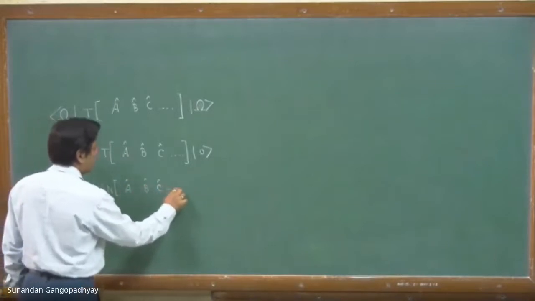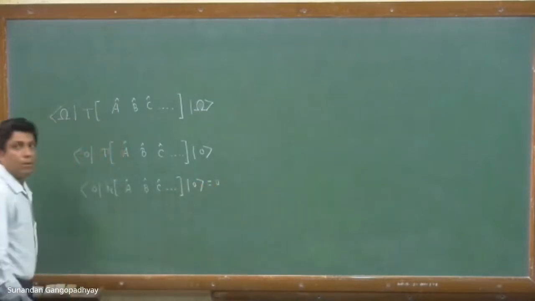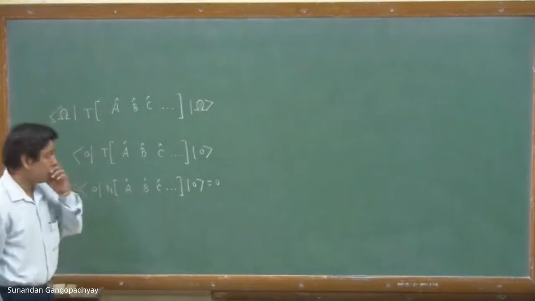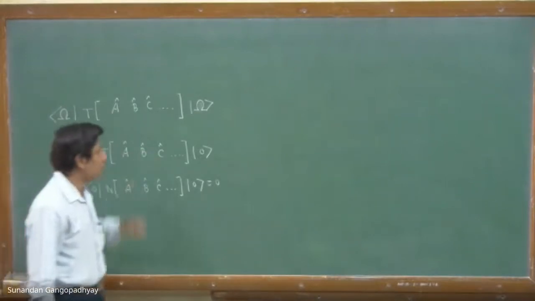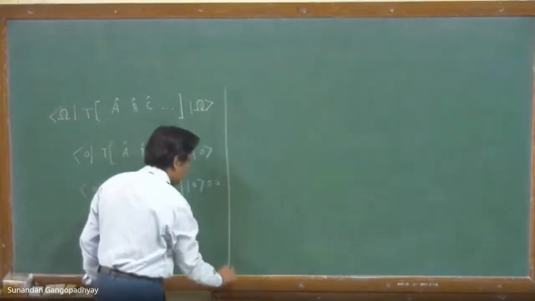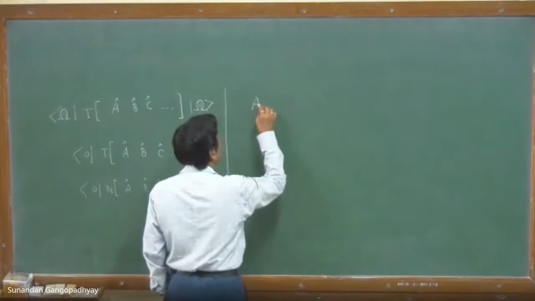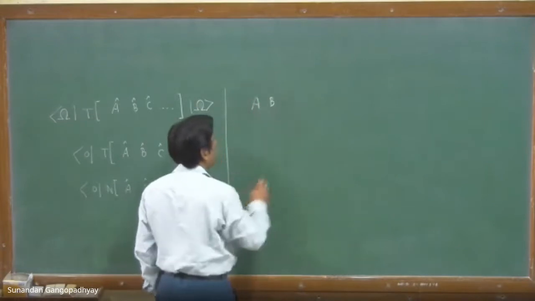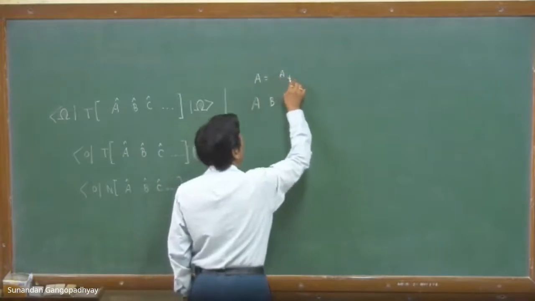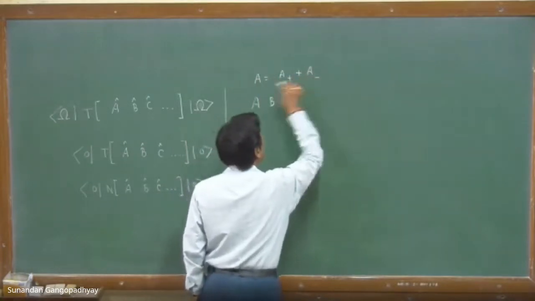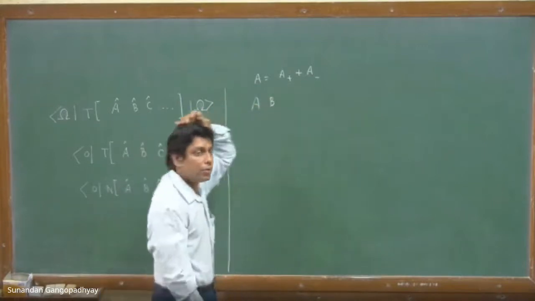In the previous lecture, we were looking at A, B, and we wrote down A as A plus A minus, and similarly for B, where A plus stands for the annihilation part and A minus stands for the creation part of the operator.